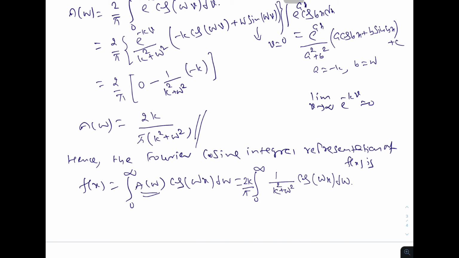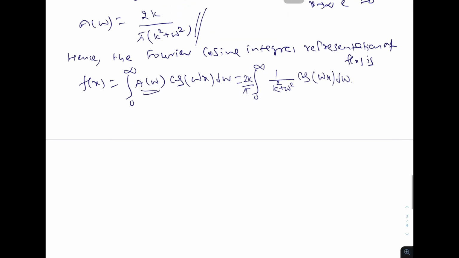And let us find one more example of the sine integral.